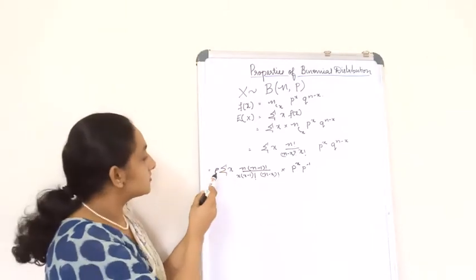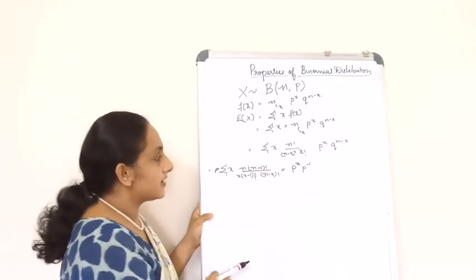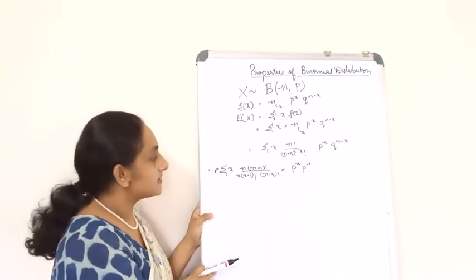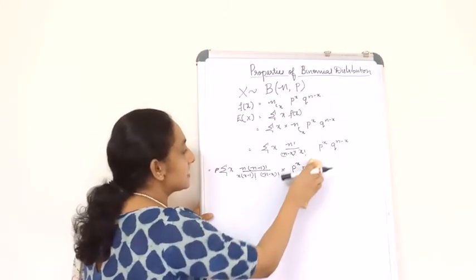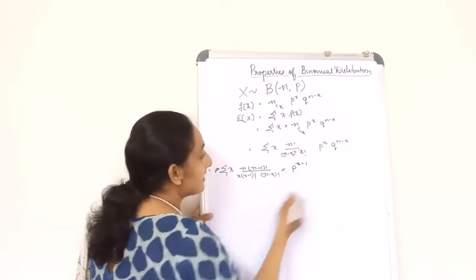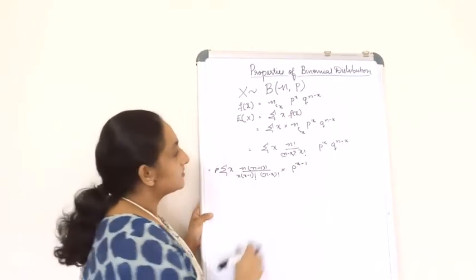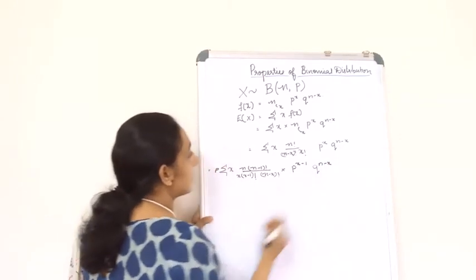So p and p raised to minus 1 compensate each other. Then I write p raised to x minus 1, multiplied by q raised to n minus x.